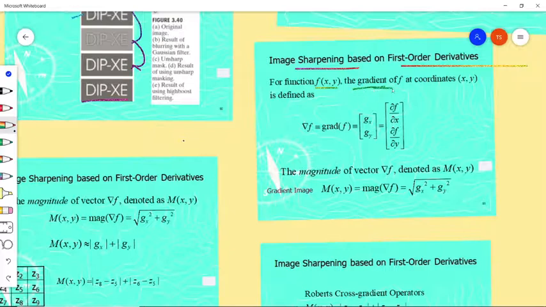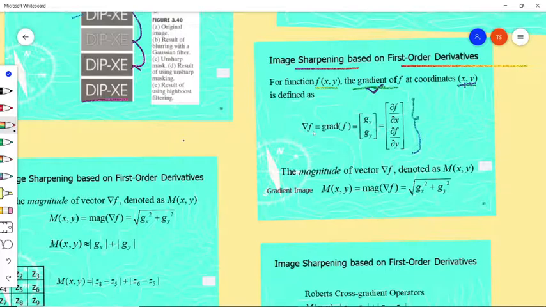The gradient of f at coordinates x comma y is defined with this equation. See, f is the representation of the image. The image is represented two-dimensionally with x coordinate and y coordinate. At that point, some smallest part, called the gradient, is defined with this.